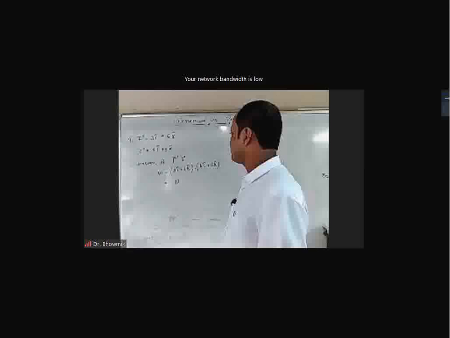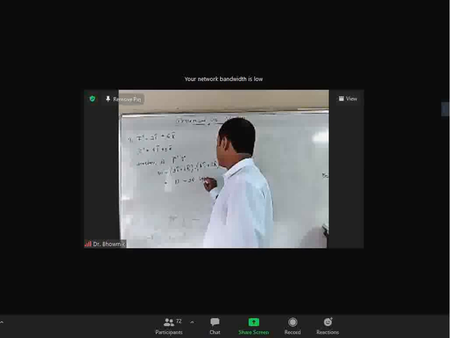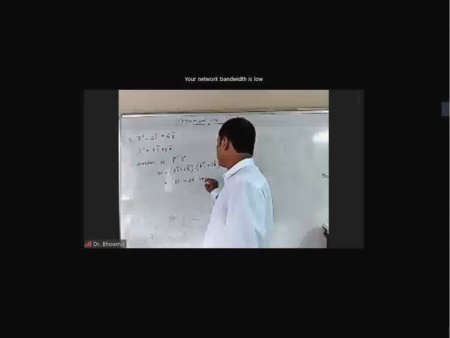Now 6 k cap dot 5 k cap, 30, k cap dot k cap is 1, 30 unit. So it will be 42 unit.